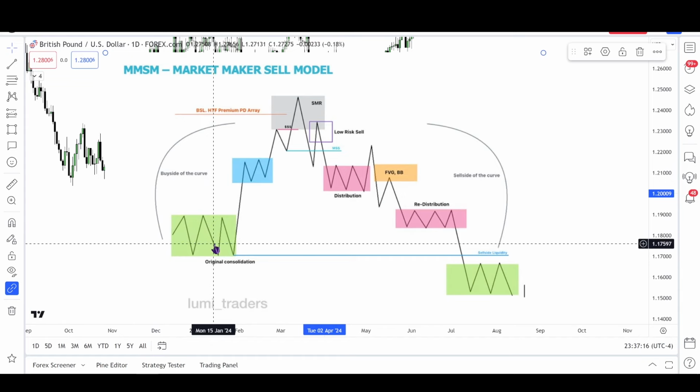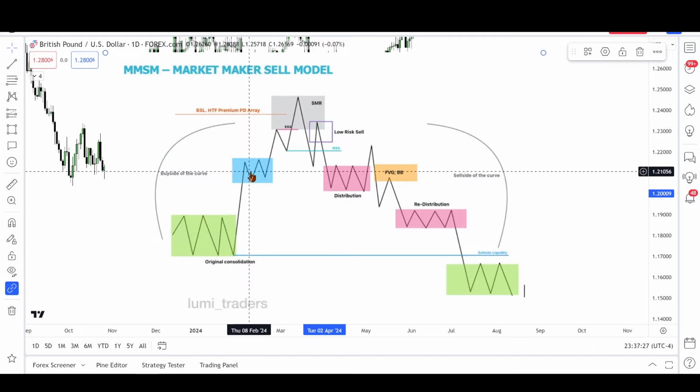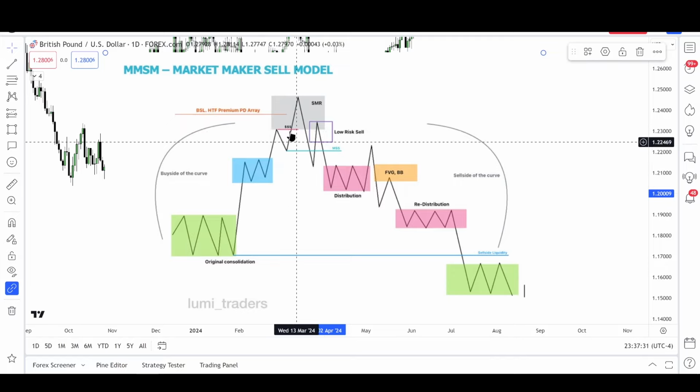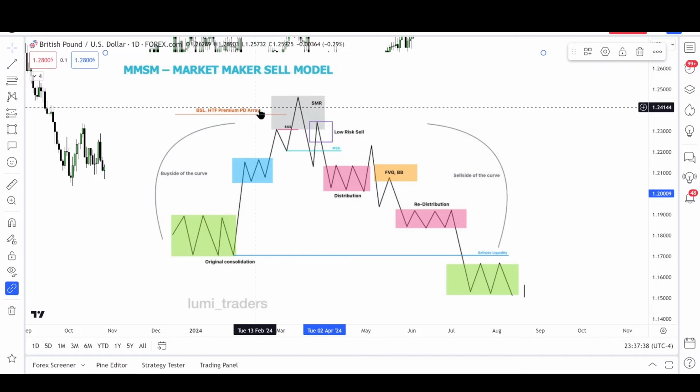You can call it an original consolidation, and then you find price expanding out of that, price reaccumulating, price expanding, and there may be another reaccumulation here, and then it expands one more time, its final time, usually into a higher time frame PD array.